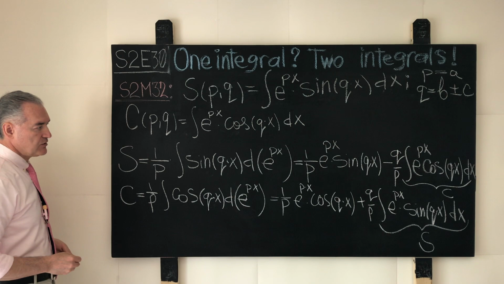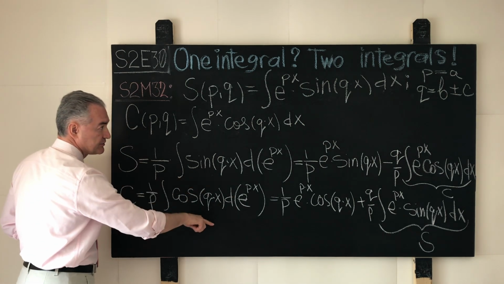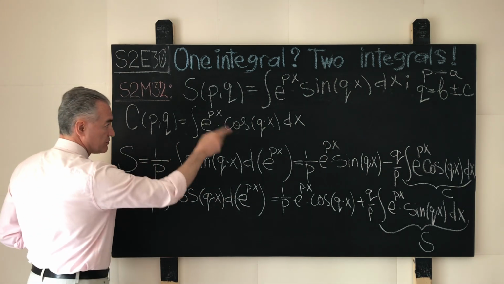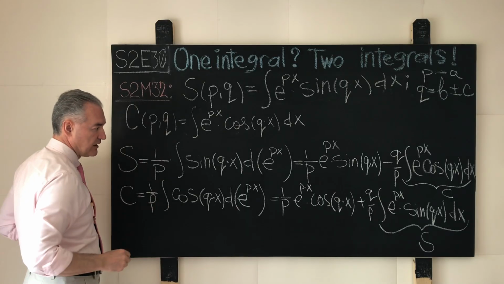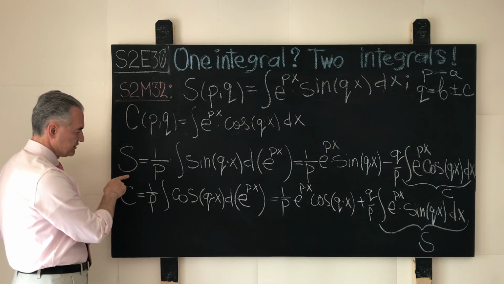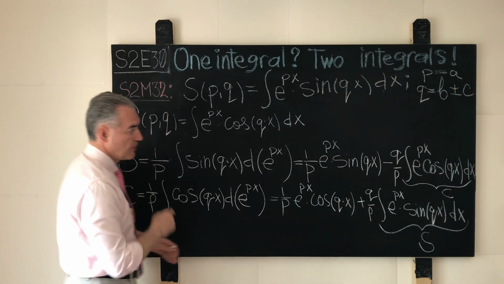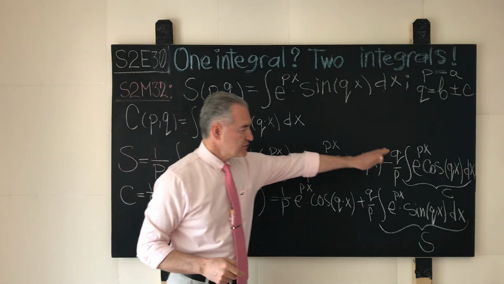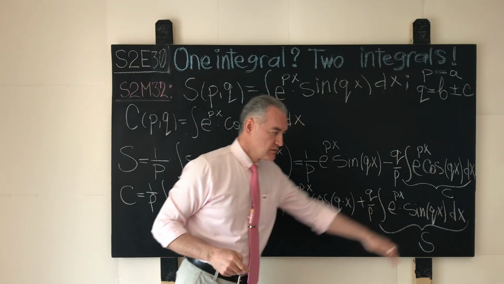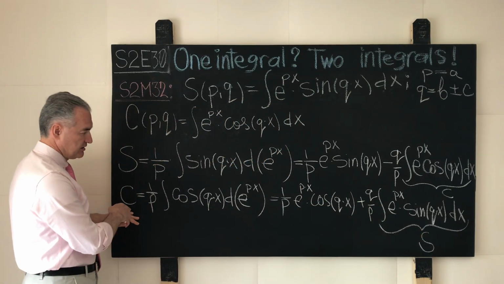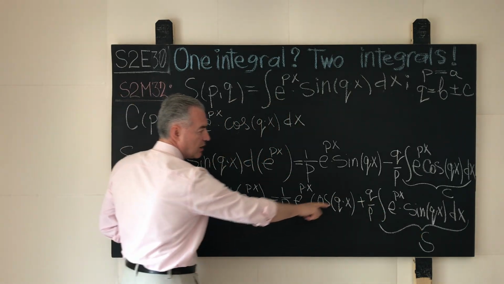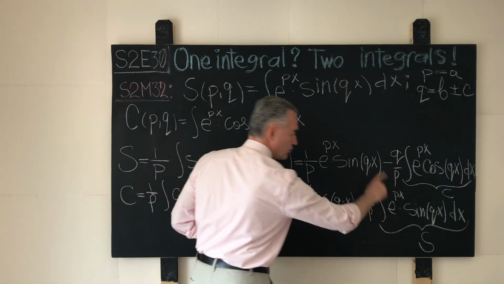So what do we have now? If we omit this and this, I will take a short break right now and erase all this material and write it down nicely so that we will all understand. s is equal to this expression minus q over p times c. And c is this expression plus q over p times s. And what do we have?